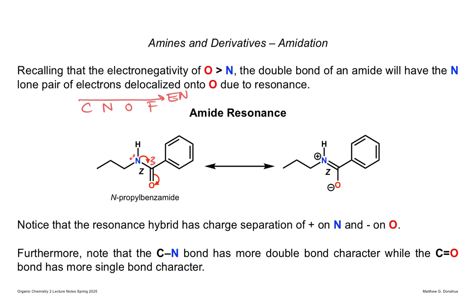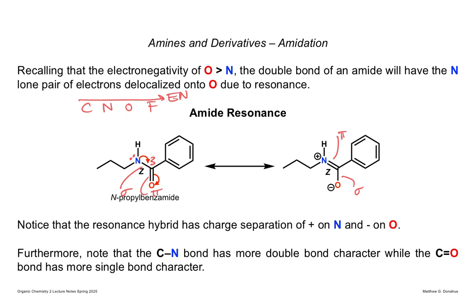Essentially, when you look at this form, that's a sigma bond, that's a pi bond, but the resonance contributor is a bit more. So now you have pi bond and sigma bond.